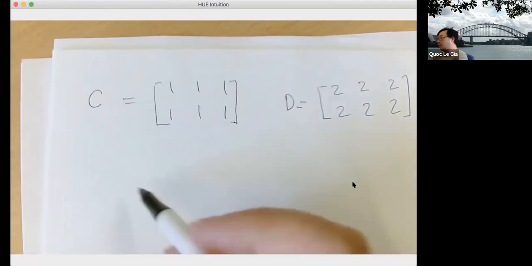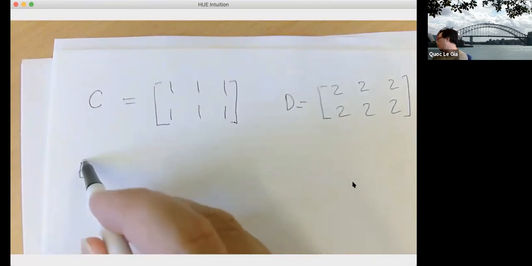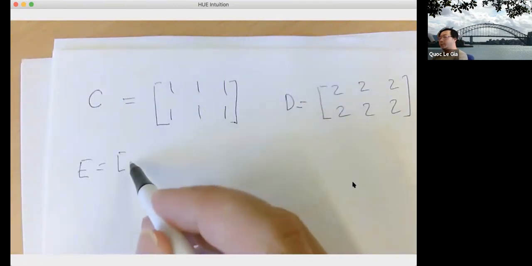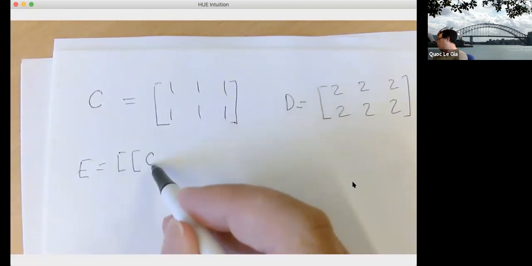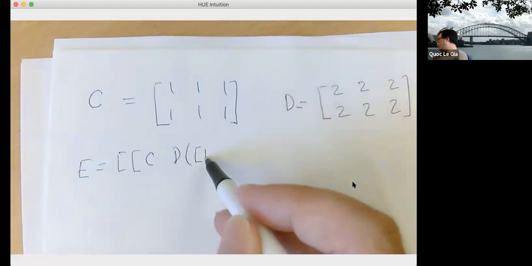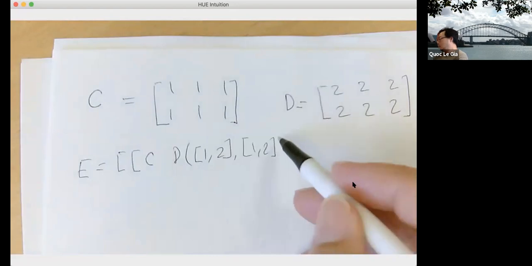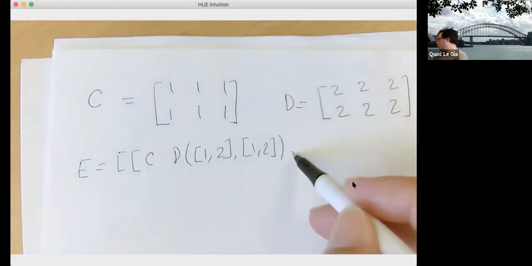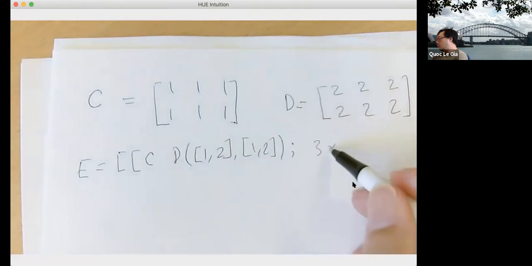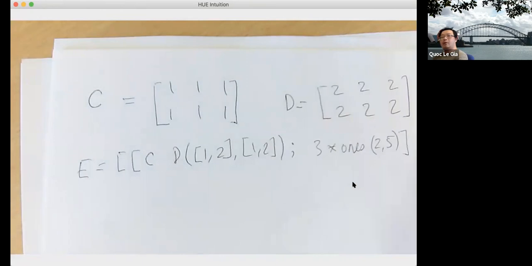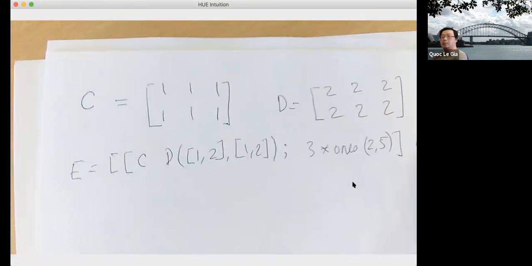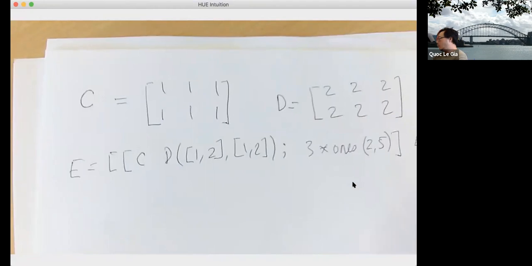So now the tricky part is the matrix E. The formula for the matrix E is given like this. So E is open bracket, C and D, then 1, 2 in brackets, 1, 2 in brackets, then colon, then 3 times 1, 2, 5, and square bracket, and 4 times 1 for 1.